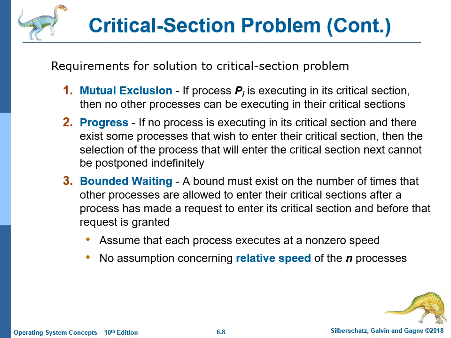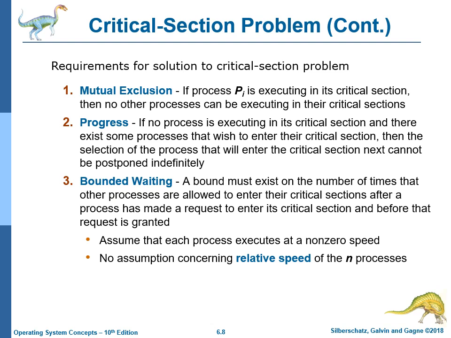So the progress: if no process is executing in its critical section and there exist some processes that wish to enter the critical section, then the selection of the process that will enter the critical section next cannot be postponed indefinitely. So syarat yang kedua dalam critical section problem, we have a progress.